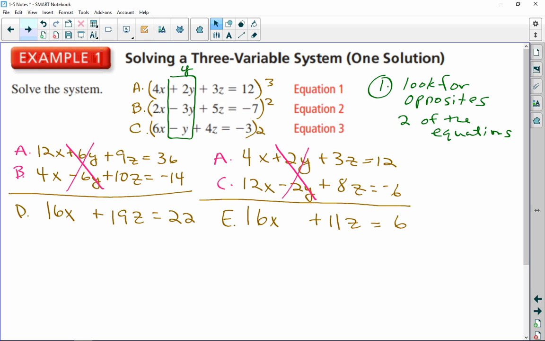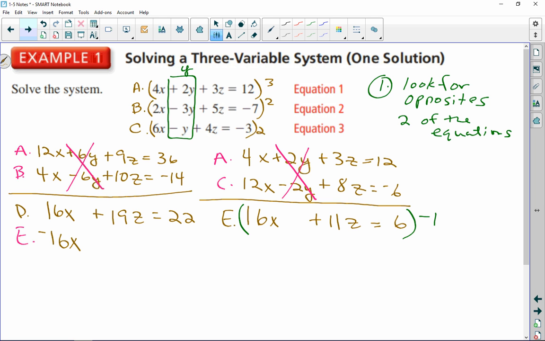Very good. So which one? Does it matter? Let's do E. You want to do E? Okay, so I'm going to take this one and multiply it by negative 1. I'm going to bring E over here. Negative 1 makes that a negative 16x.